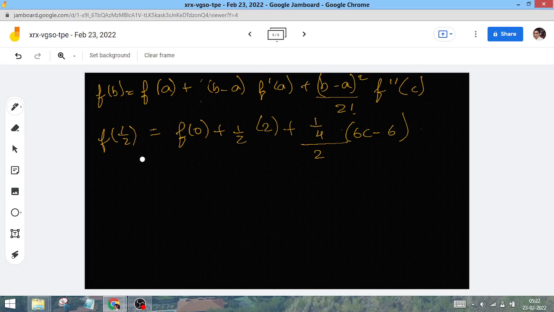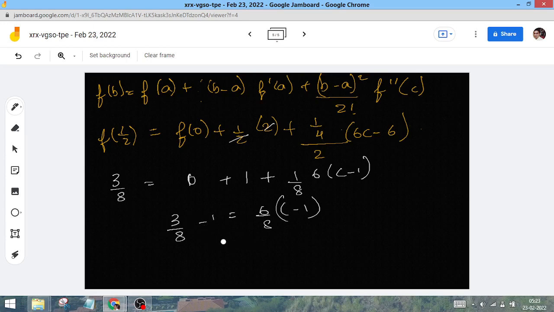So f of half is equal to 3 by 8, then f of 0 is 1, and this we get as 1 plus 1 by 8, and if I take 6 common, c minus 1. If I rearrange the equation, it becomes 3 by 8 minus 1 equals 6 by 8 into c minus 1.